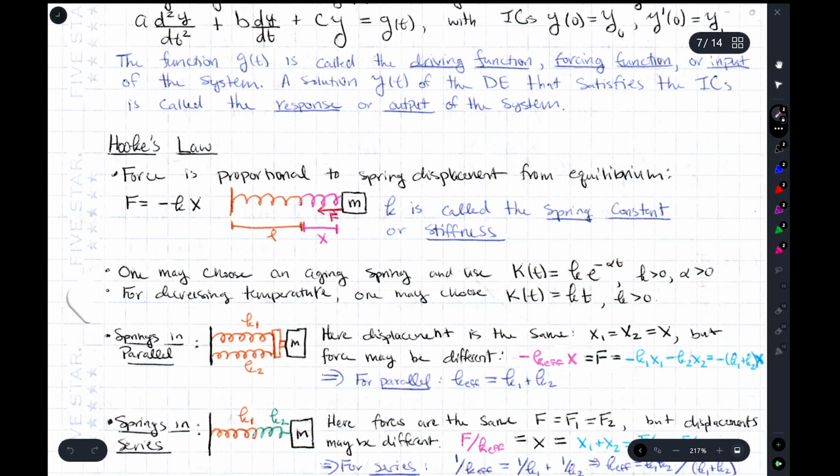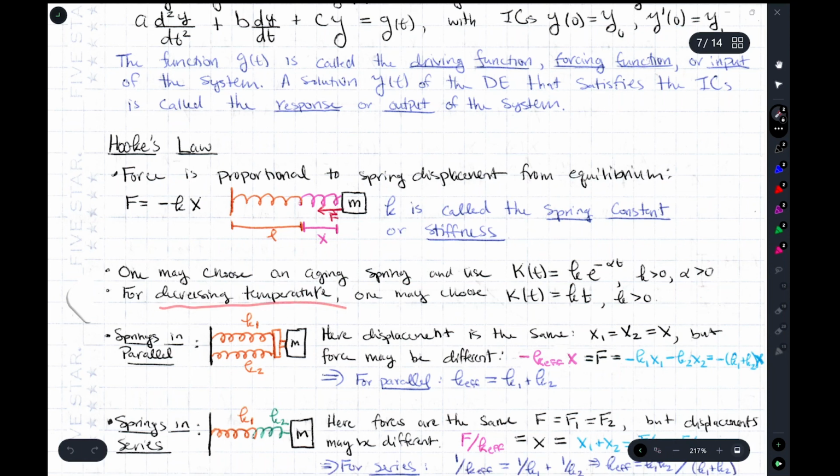So as time goes on, the stiffness of the spring goes down exponentially. It's just a model. We could have also chosen other ways to reduce the spring constant and have a variable stiffness. But this is just one.